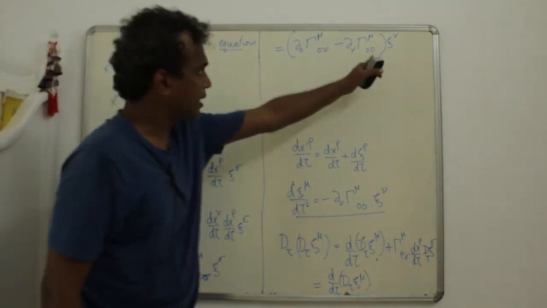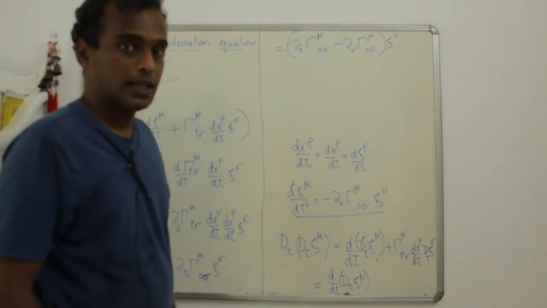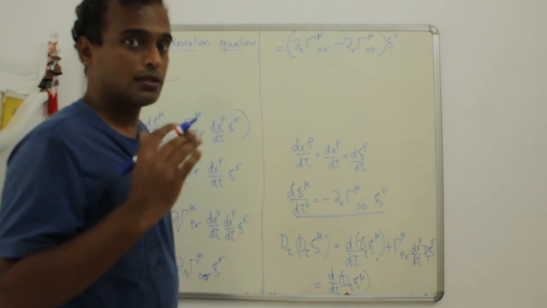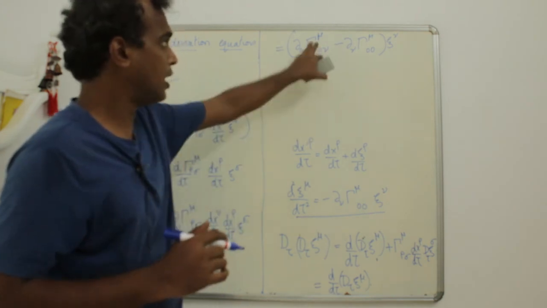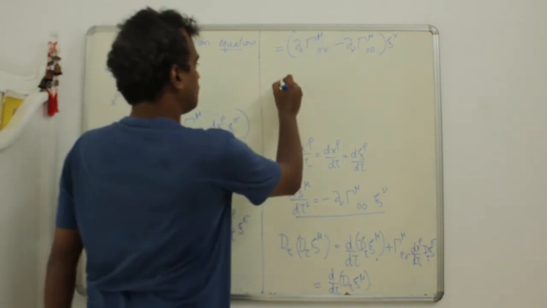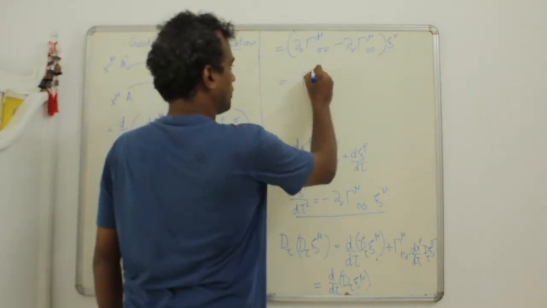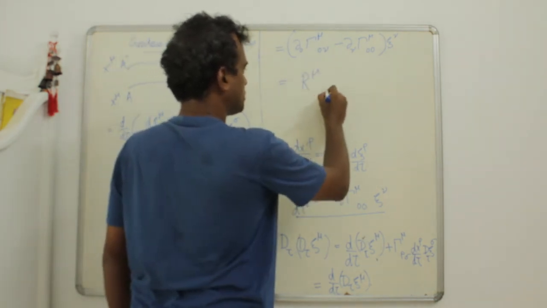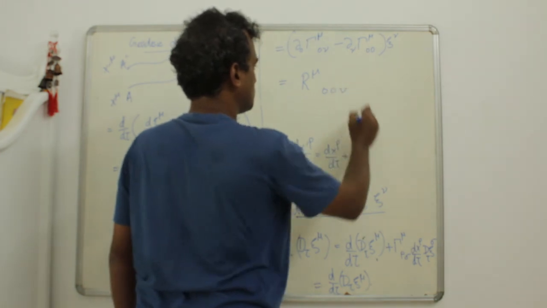Now the factor inside the brackets could easily be recognized as the terms involving the derivatives of gamma in the definition of the Riemann-Christoffel component R mu 0 0 nu.